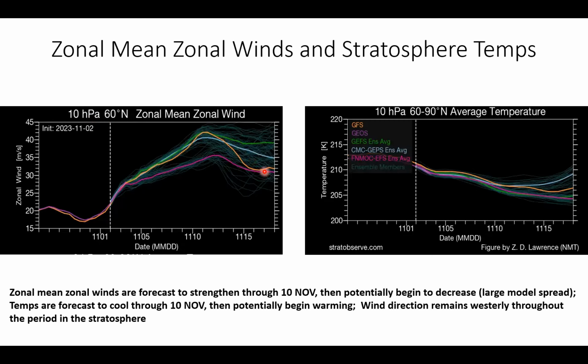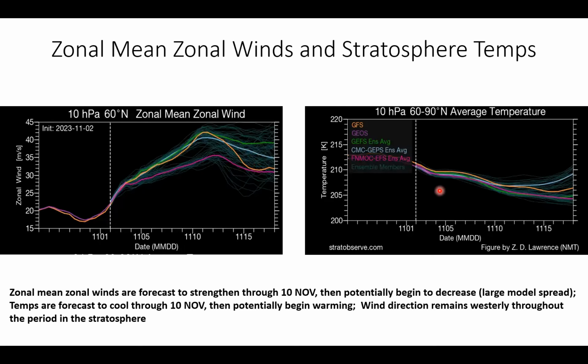Now you'll notice some of these models, and by the way, the models are coded based on color. You'll see some of these color lines, right? See how they start to dip a little bit after the 15th of November? That's indicative of a weakening of the stratospheric polar vortex, a deceleration of those zonal mean zonal wind speeds.